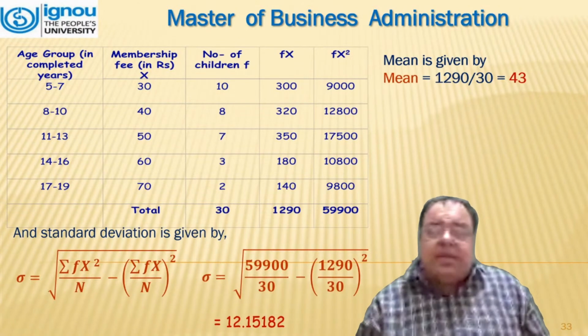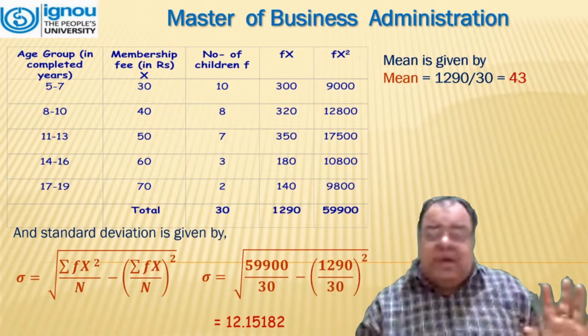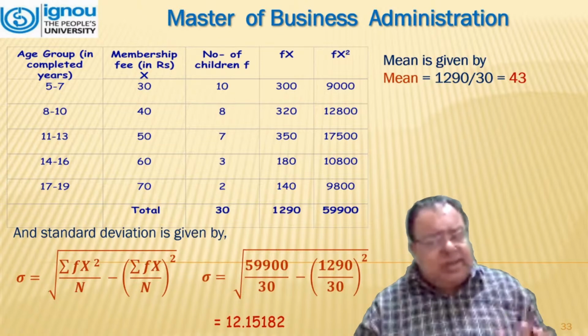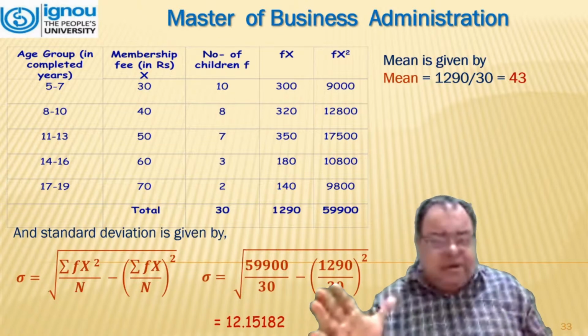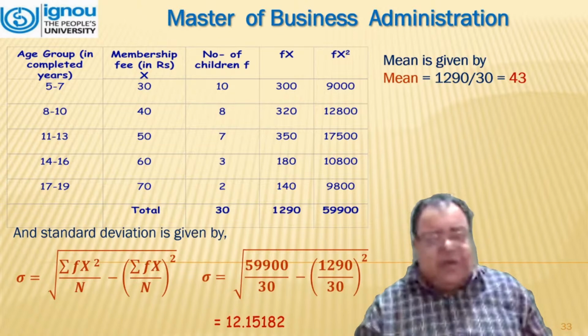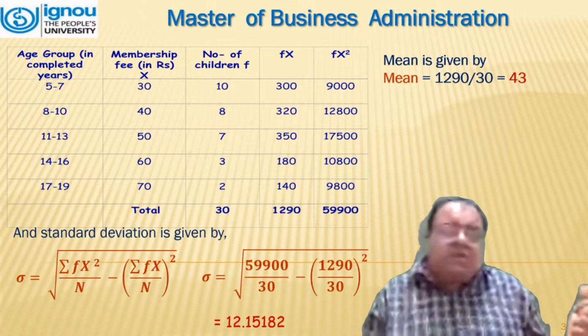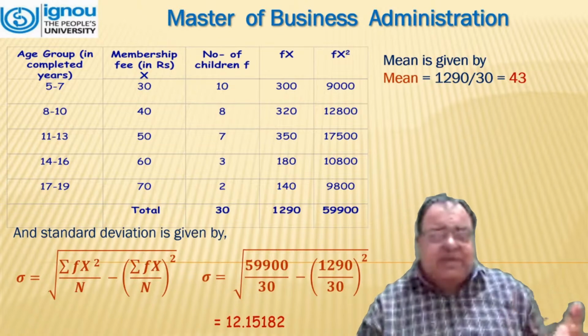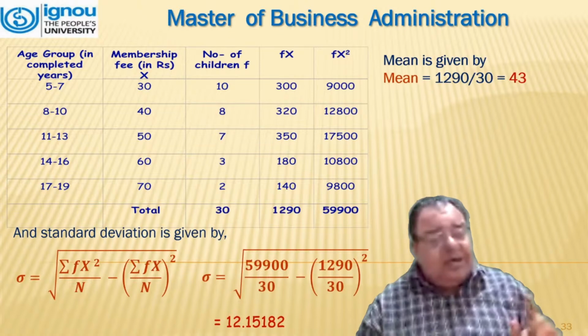Now, first of all, we have to find the mean. Mean is summation fx by n, which is 1290 divided by 30, which comes out to be 43. That is, the first part has been evaluated. Now we move to standard deviation. Standard deviation is given by sigma is equal to the square root of summation fx square upon n minus summation fx by n whole square.